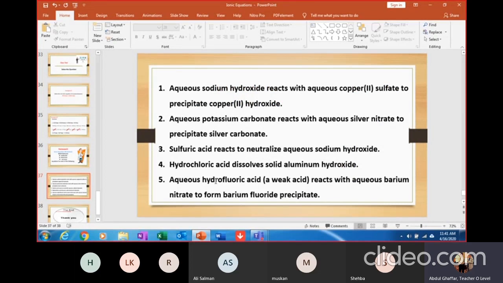Precipitate copper hydroxide means on the product side, the copper hydroxide will be in solid state. The term precipitate means that the compound must be in solid state.